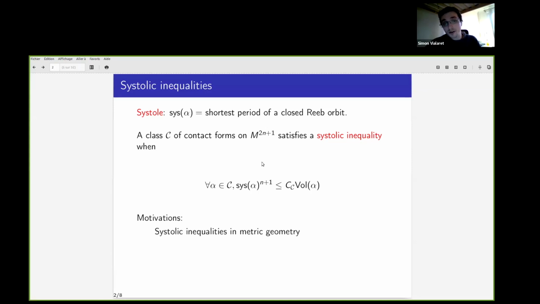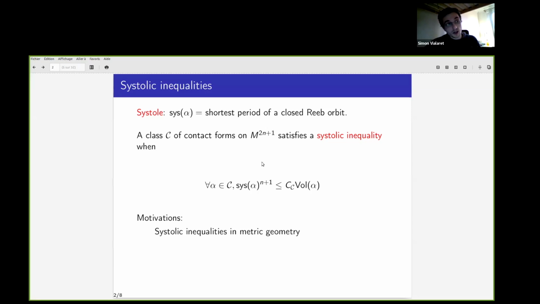One first important motivation is the fact that those questions come from metric, Riemannian and Finsler geometry. We can say that a closed manifold satisfies a systolic inequality whenever for all Riemannian metrics on it, there exists a short closed geodesic in the same sense.